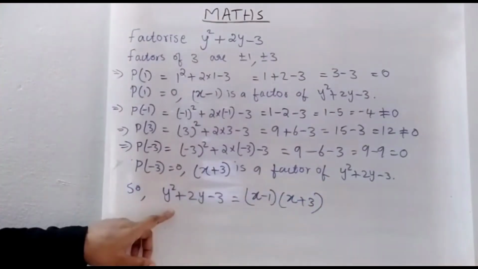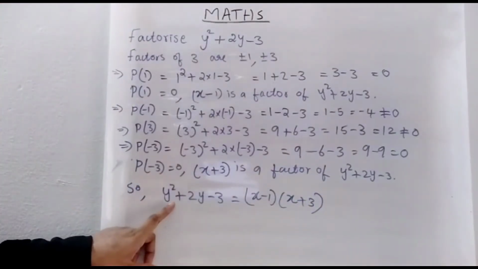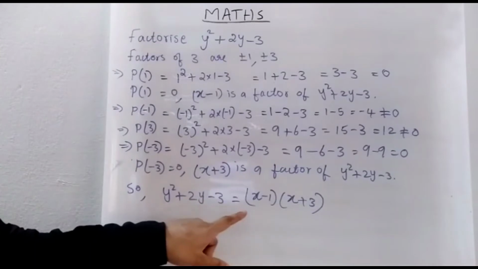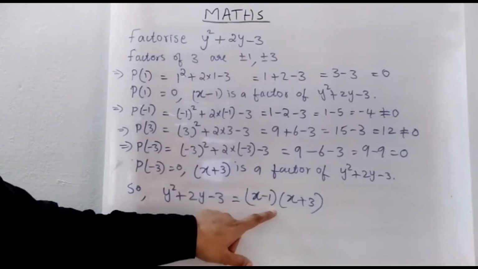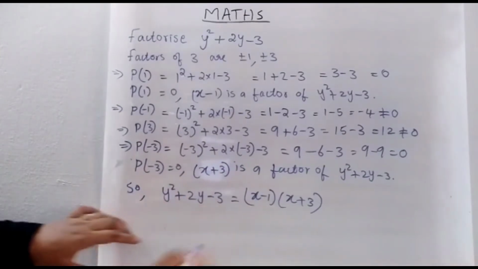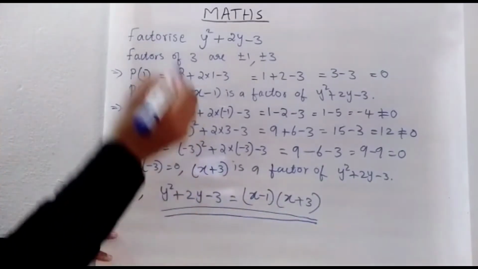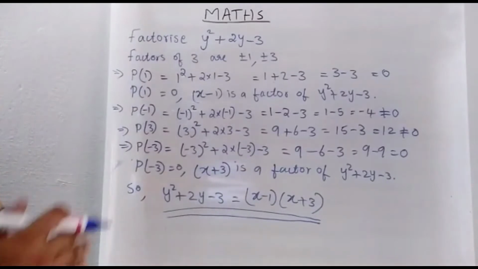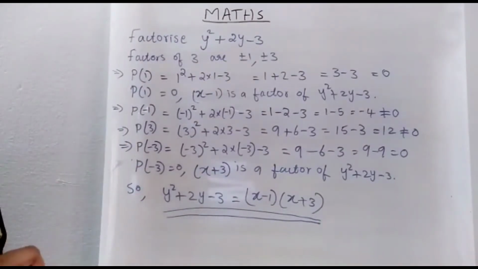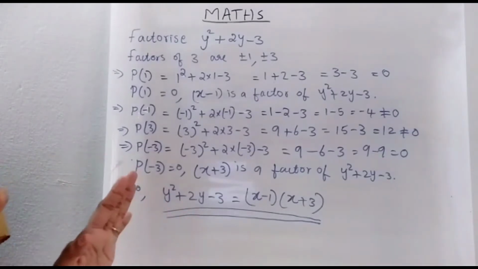So we factorized this quadratic polynomial: y square plus 2y minus 3 is equal to y minus 1 into y plus 3. Clear? This is the method to factorize a quadratic polynomial using the factor theorem. Is it clear?